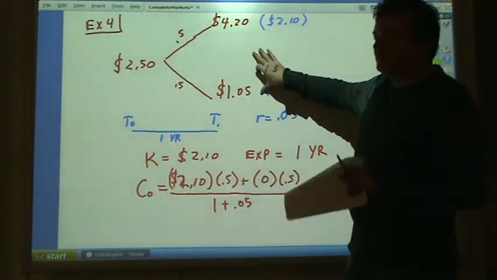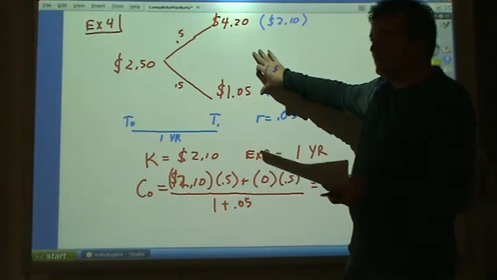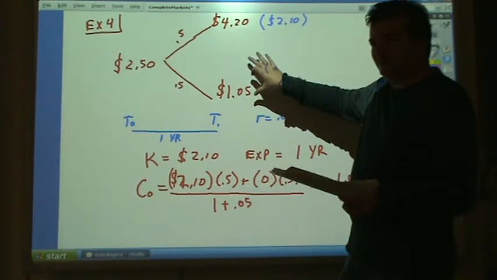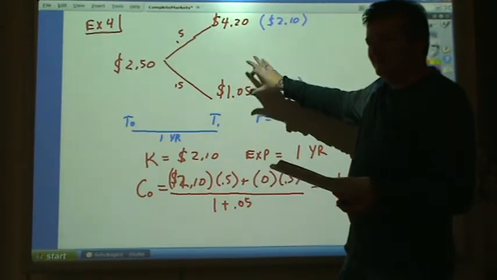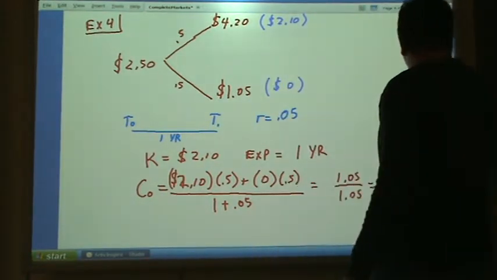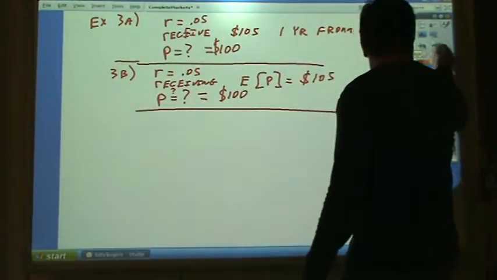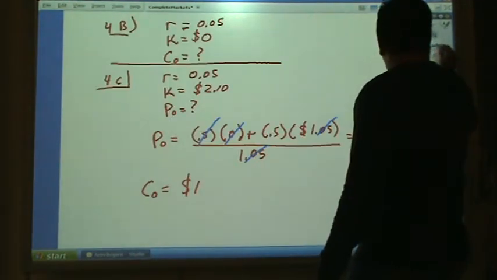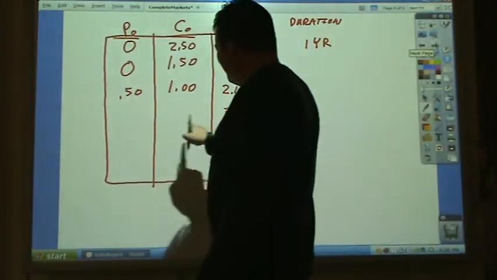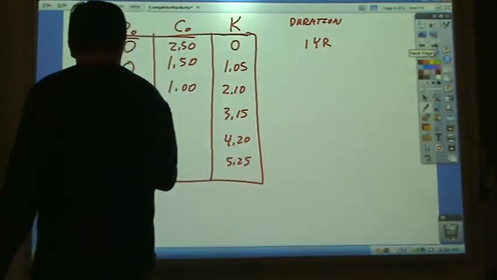So $2.10 discounted back is $2, and you get that half the time. So that would be $1. Is that what you said? Yeah, but I could be wrong. I might want to change my call to 50 cents.